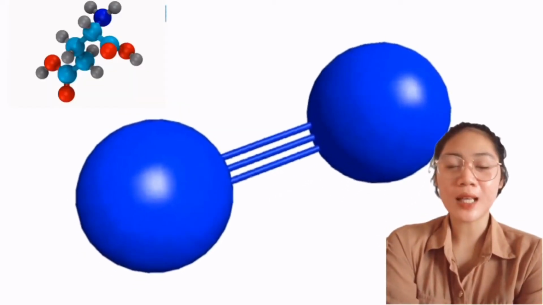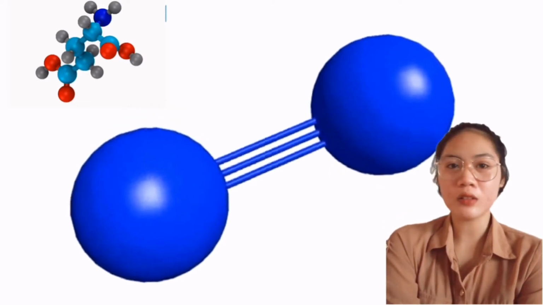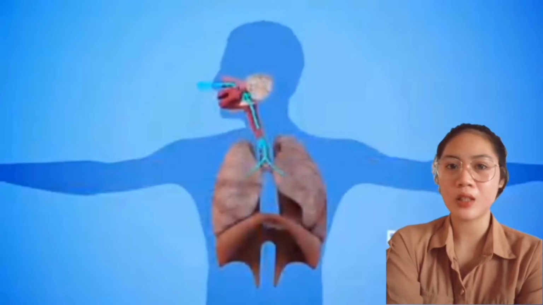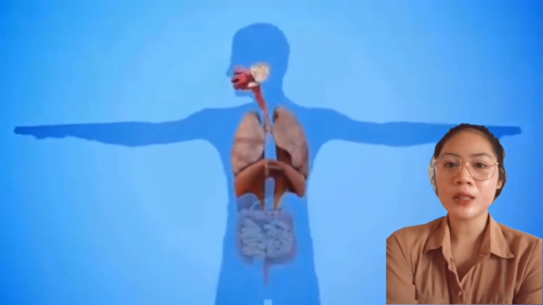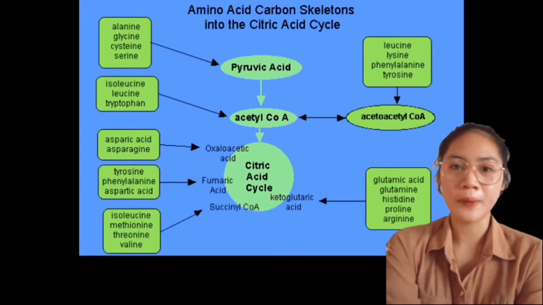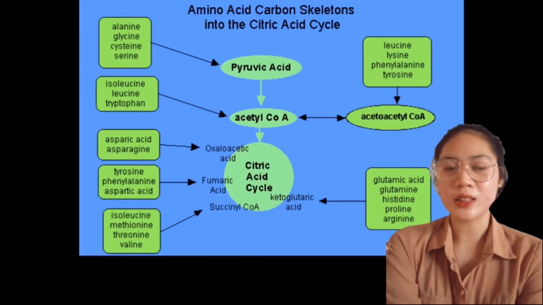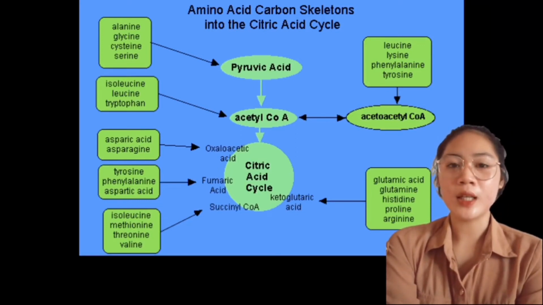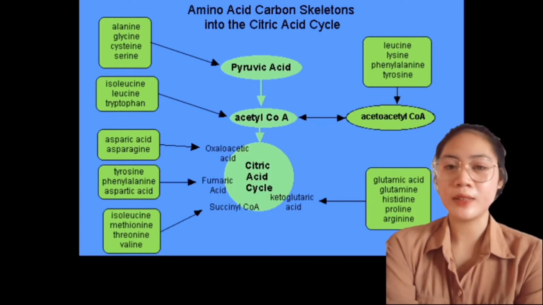Amino acids, unlike carbohydrates and fats, contain nitrogen, and the human body cannot oxidize nitrogen-containing compounds. Before the amino acid can be used as an energy source, the nitrogen atoms in its structure must be removed. Then, the carbon skeleton that remains can be processed for energy. We have two stages in obtaining energy through the degradation of amino acids.